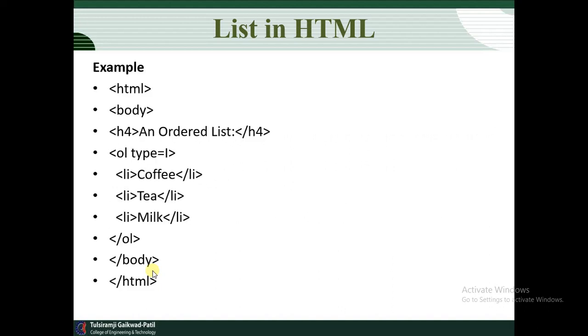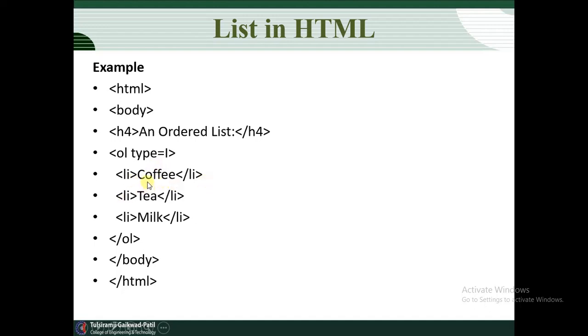Here we are going to see an example of the HTML body. Here we use the H4 tag. We know that there are different heading tags, H1 to H6. Here we use the H4 tag, and for the ordered list we use OL type equals 1. LI coffee.